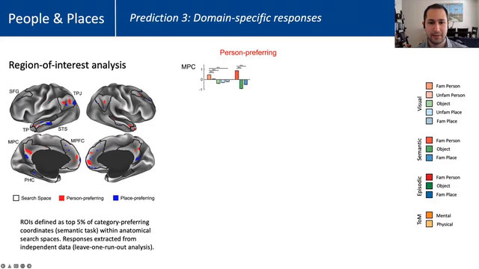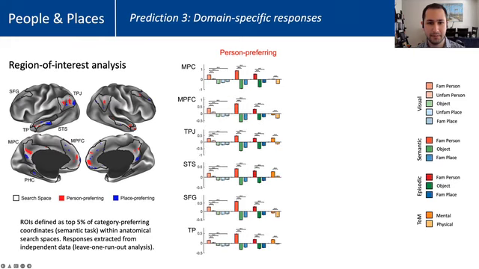We see a consistent response to people over objects and places in the semantic task and the episodic task, as well as a response to mental over physical reasoning in the theory of mind localizer. These results were consistent across all of the person preferring areas we observed, despite their divergence in specific anatomical location. These results indicate a response profile that's best explained by content domain and can't be explained by a confound specific to any one of the tasks.